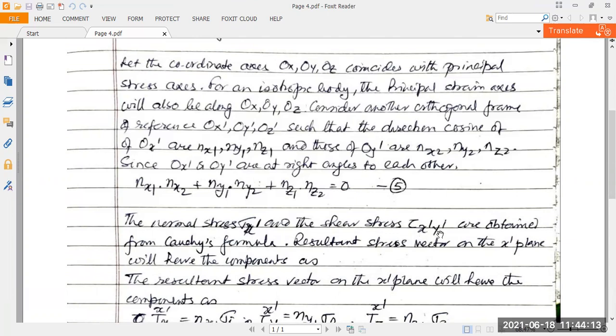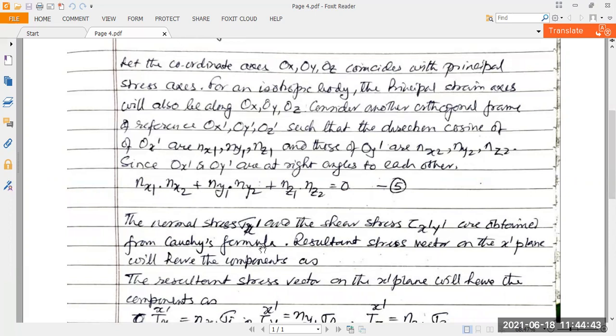In these coordinates, shear stress exists because they are not principal axes or principal planes. The principal planes are OX, OY, and OZ, and the new Cartesian coordinates OX dash, OY dash, OZ dash are inclined to them to an extent given by the direction cosines of the respective axes.